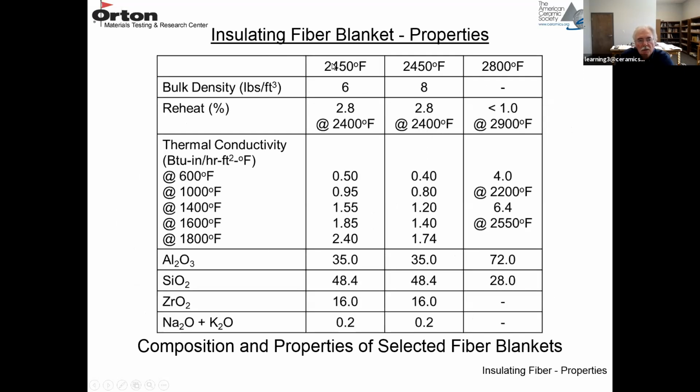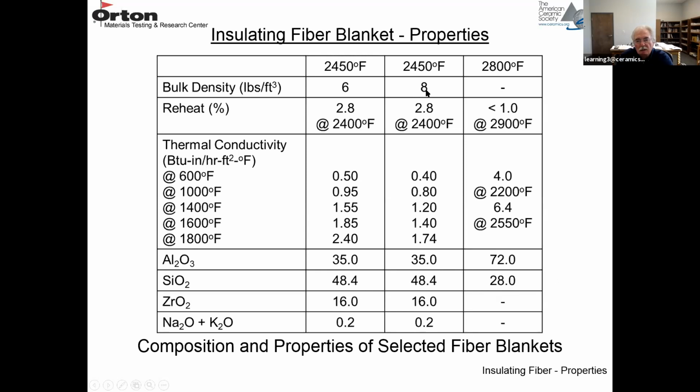Here's a couple more materials, 2 2450 degree F materials and a 2800 F material. So these have alumina contents around 35. This is 72. The balance here is about 48% silica and about 16% ZrO2. So this is a composition designed to be a mullite.